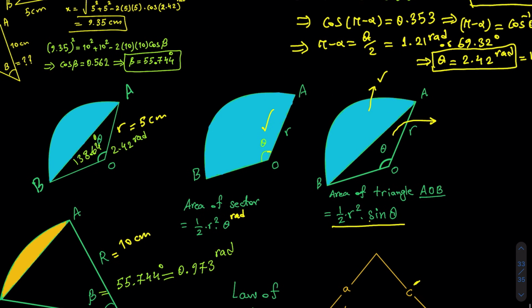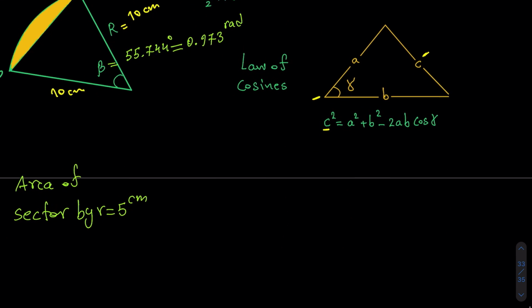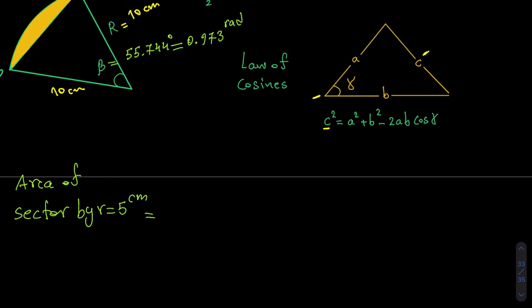I'm going to directly find this area, which is equal to the area of a sector, a half of R squared theta, minus the area of the triangle, a half of R squared sine theta, right?